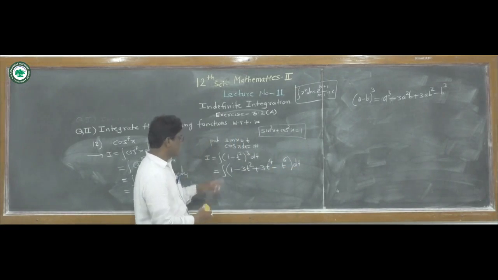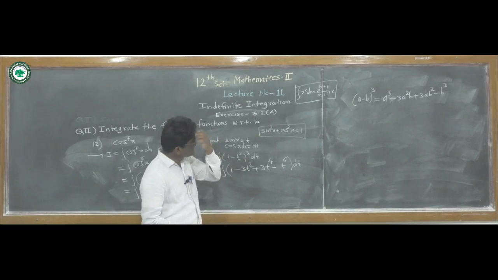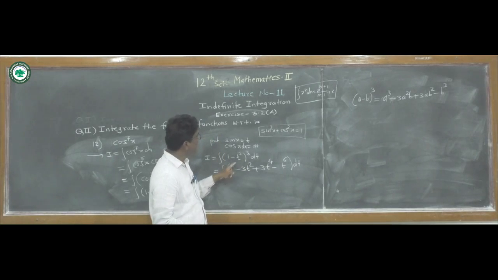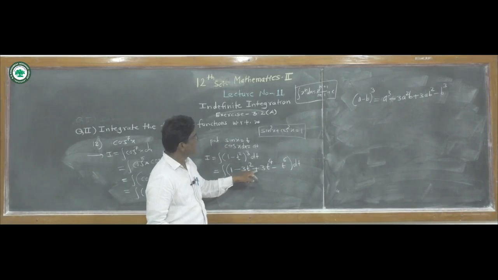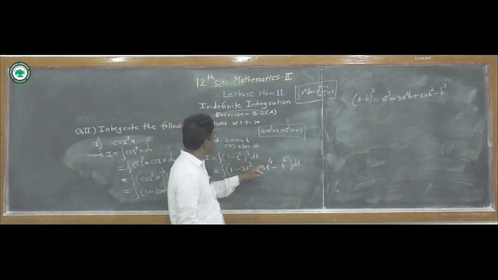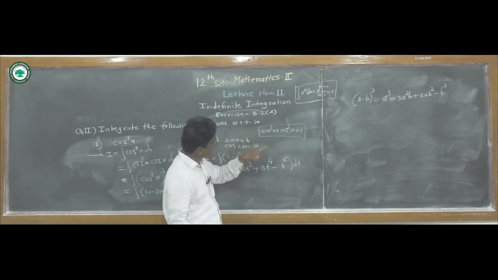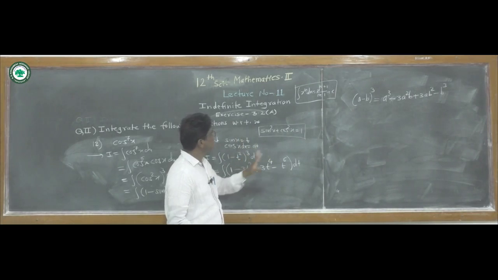We expand this bracket, a minus b bracket cube, 1 cube that is 1, minus 3 into 1 square that is 1 into t square, plus 3ab square, a is 1 and b square means t square to the square, that is t to the power 4, minus b cube, its cube, so t square to the power 3, that is 2 3s are 6.